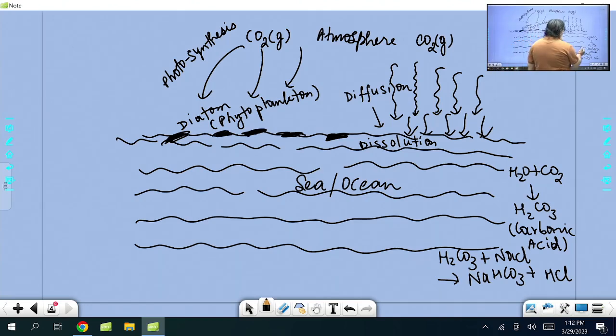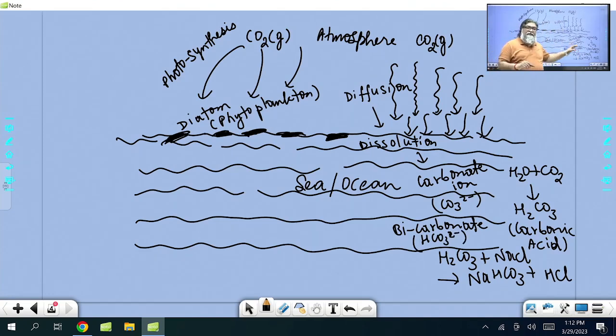So when it dissolves, it forms carbonate ion, that is CO3 2 minus, or bicarbonate ion, HCO3 minus. It is because of the chemistry with the water.